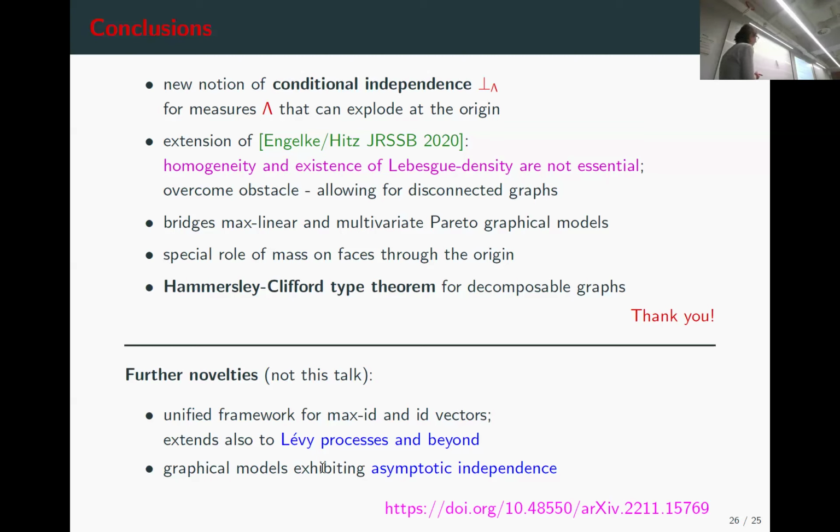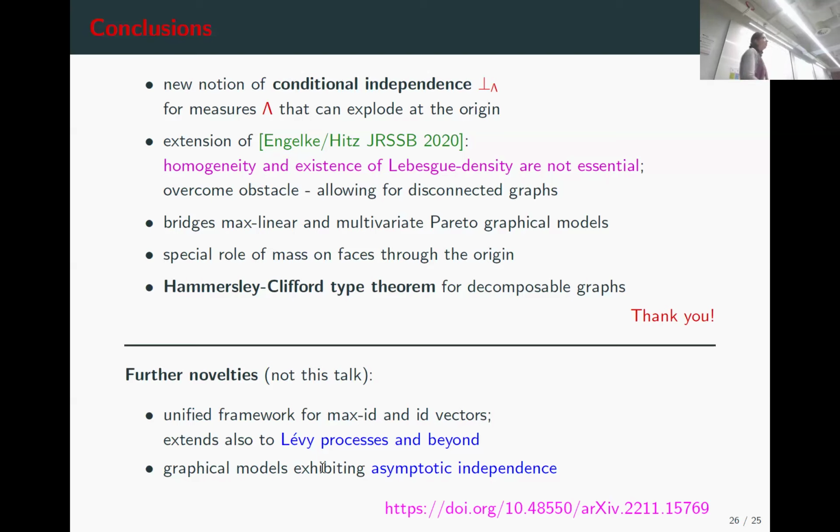And so another point that isn't essential is that we don't need homogeneity. This means we can also extend this to measures that, say, in the extremes world would embody something that is called asymptotic independence. So we wouldn't have to deal with homogeneous measures.